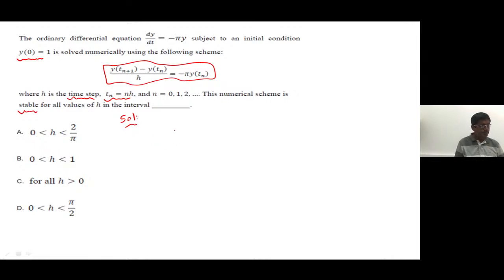So here dy/dx is equal to minus pi times y. This is denoted by f(t, y), where t is the independent variable and y is the dependent variable.